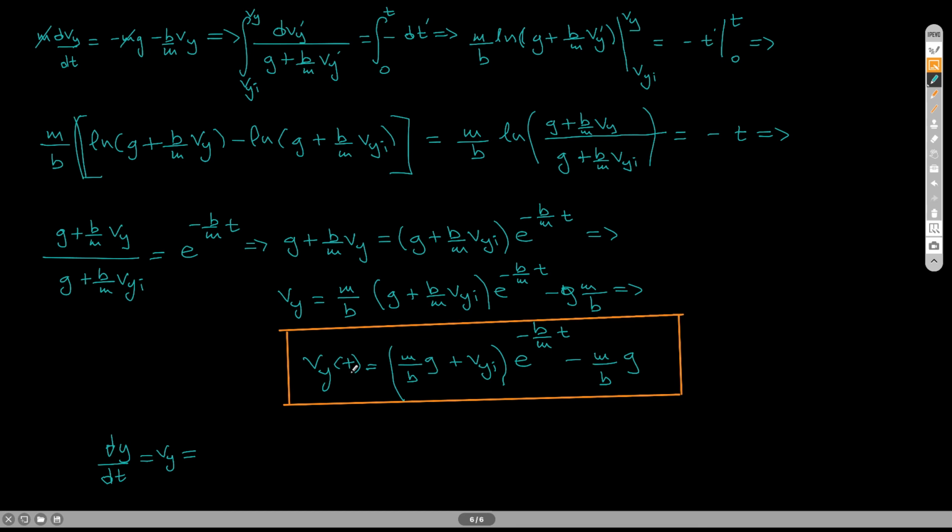I'm going to leave it as an exercise for you to work out what you get for y as a function of time. This last one will require some work, but the process is exactly the same. Just be careful with the integration and moving stuff around. This is the process for how you will use the linear air resistance term in Newton's second law and how you will be solving these problems.